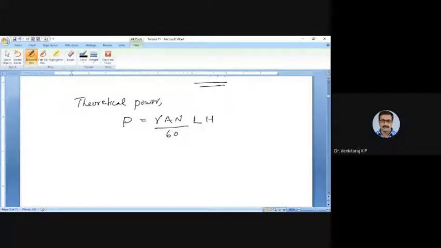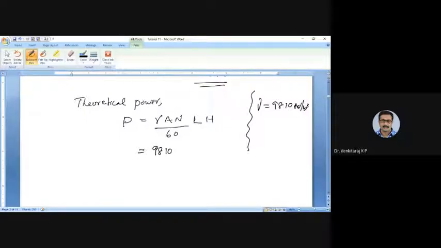In this case it is water, so let us substitute gamma as 9810 Newton per meter cube.